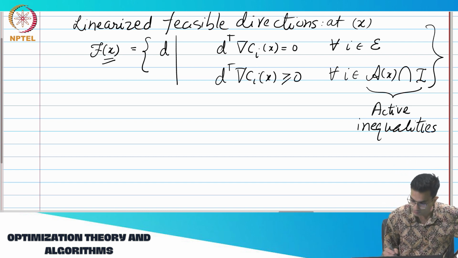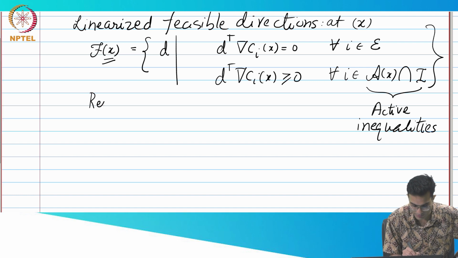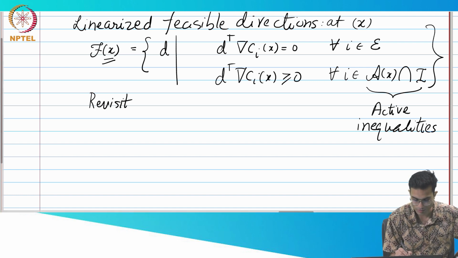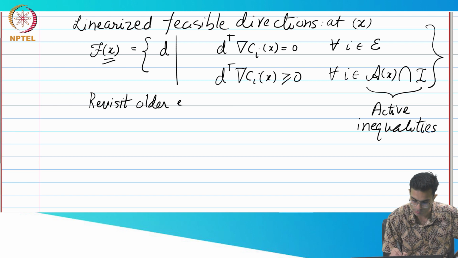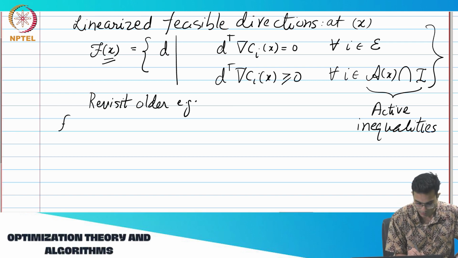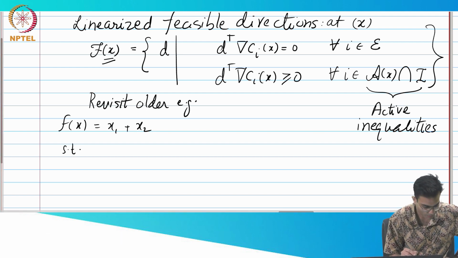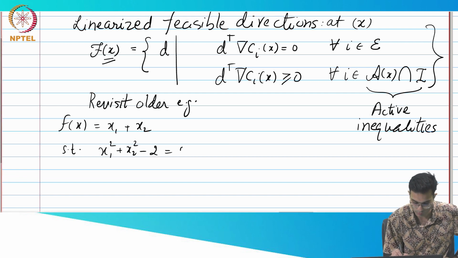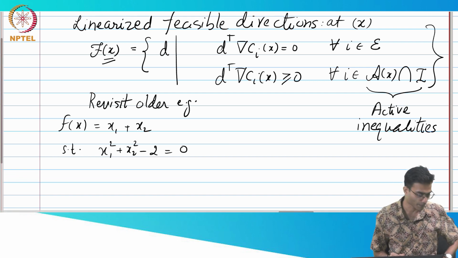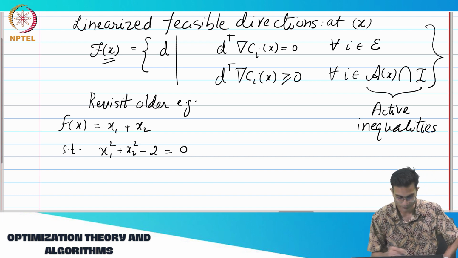Okay. So now let's revisit an older example, where the condition was x1 squared plus x2 squared minus 2 equal to 0. This was our equality constraint, right?